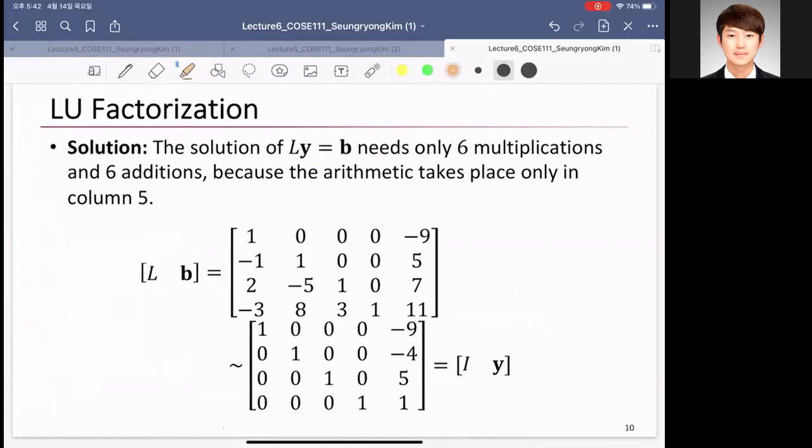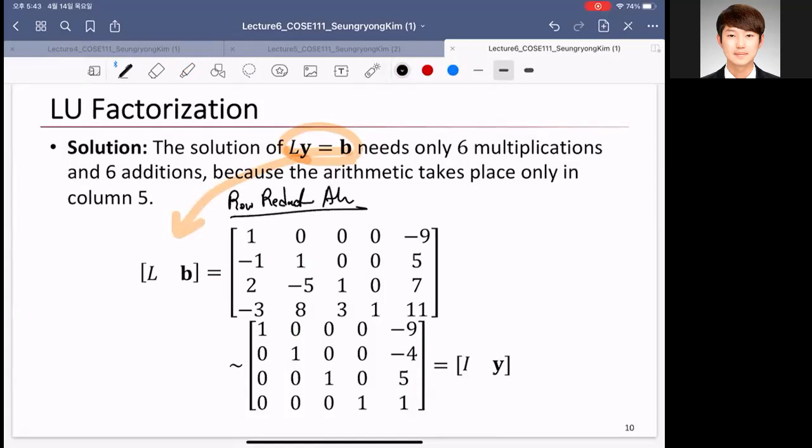First, let's solve Ly equals P. How can I solve Ly equals P? There are many possible ways, but let's use the row reduction algorithm, the algorithm in the matrix domain.